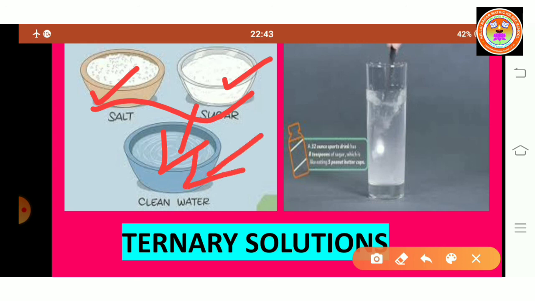Such solutions which contain three components are called ternary solutions. See here, salt, sugar and water, totally three components present. So, this solution is called a ternary solution.